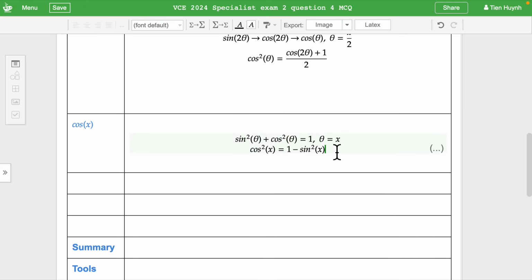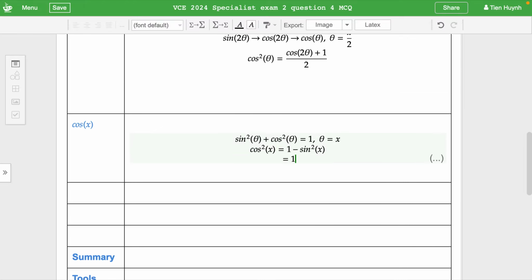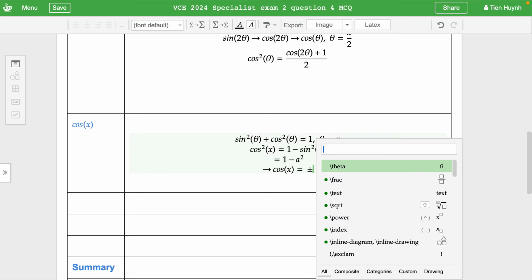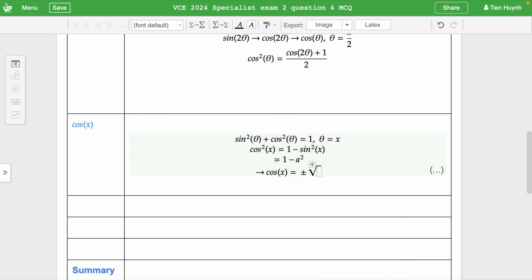So it will be 1 minus a square, and therefore cos of x will be plus or minus the square root of 1 minus a square.